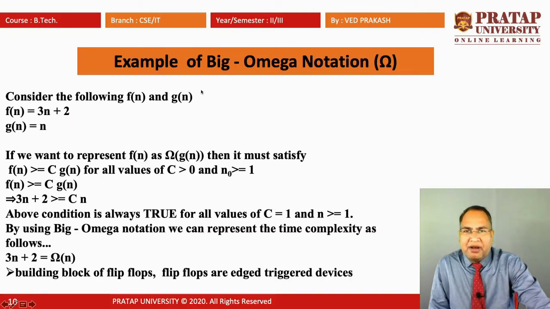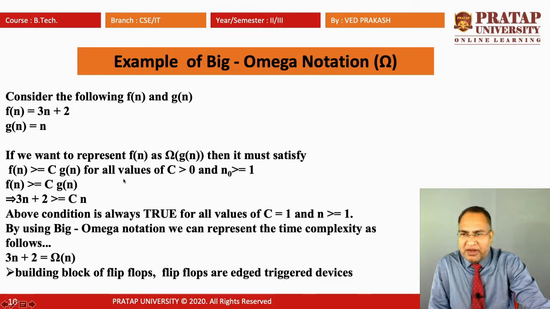Now, an example of big omega notation. We again consider the same example. F(n) is given as 3n plus 2 and G(n) is n. According to the condition of big omega notation, we apply F(n) greater than or equal to C times G(n) for C greater than 0 and n0 greater than or equal to 1.